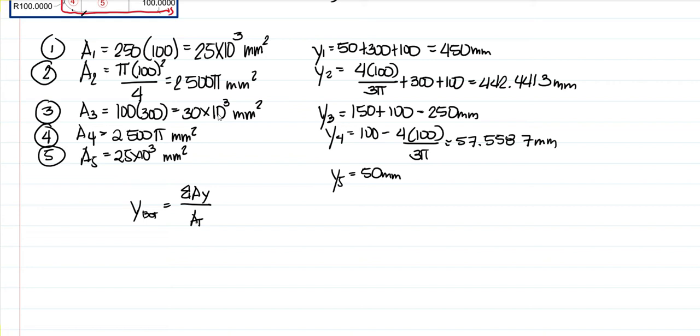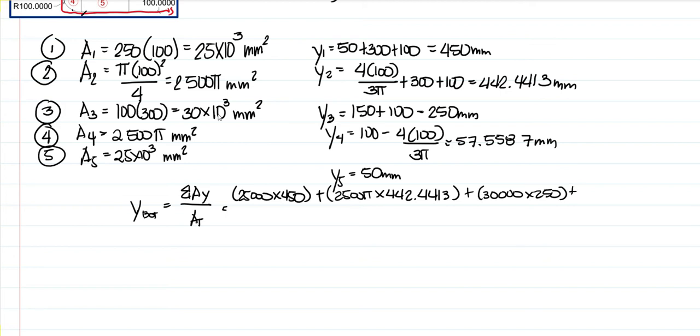So, that will be equal to 25,000 times 450 plus 2,500 pi times 442.4413 plus 30,000 times 250 plus 2,500 pi times 57.5587.